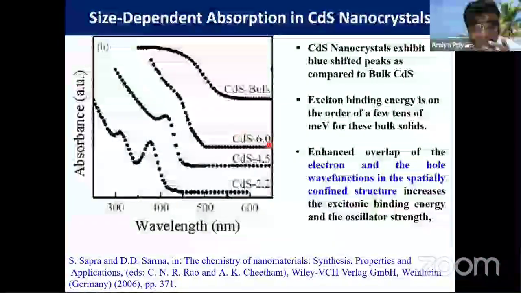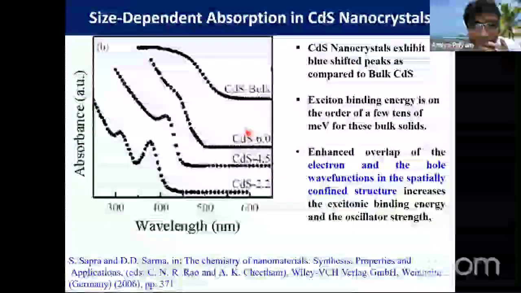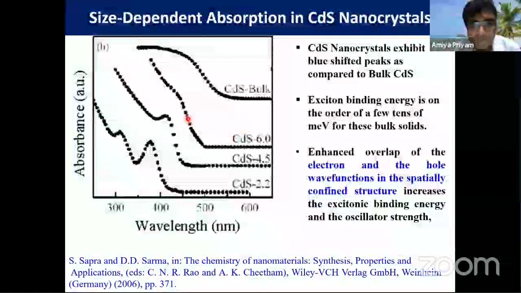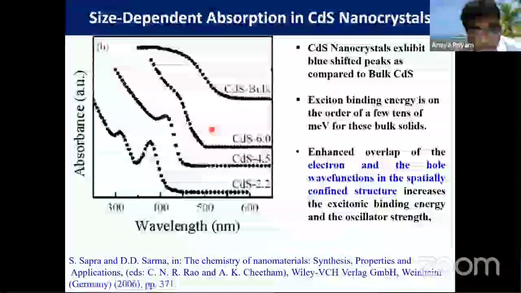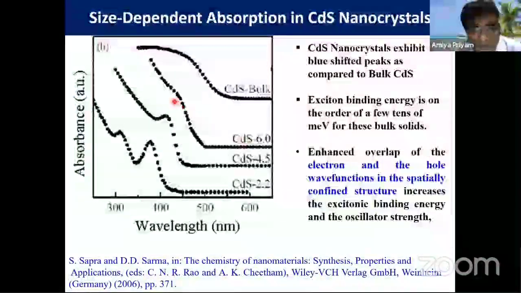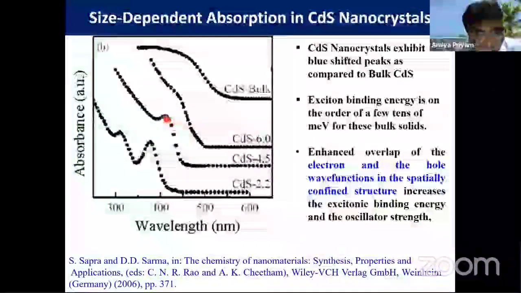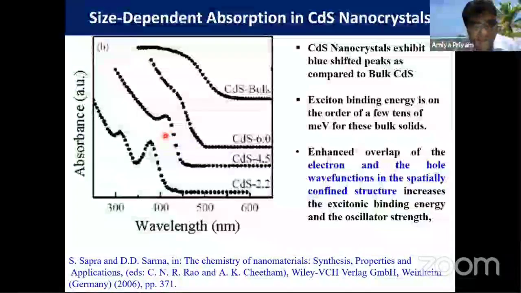So here, CdS of 6 nanometers shows the size where we are just approaching that Bohr exciton diameter. From here onwards you are seeing a shift, and in this profile you can see the excitonic absorption peak gradually enhanced. There is a blue shift.